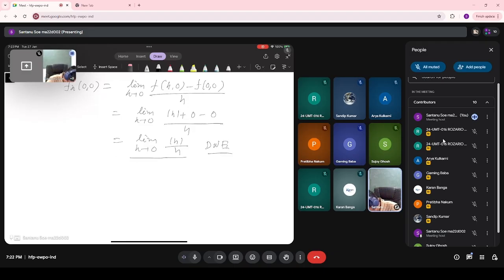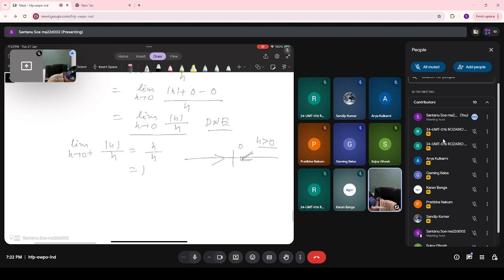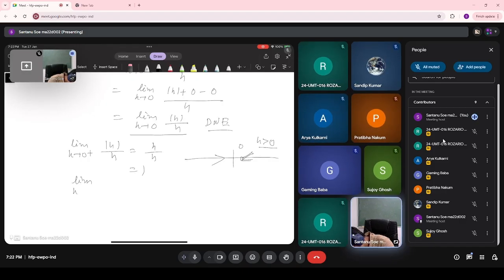Since now it's a one variable limit, right? Because this is 0, you can approach h from either the right side or the left side. If you are approaching from the right side, then this limit is called the right hand limit. This will be modulus of h by h. Since you are approaching from the right side, h is greater than 0, then mod h will be changed into simply h. So this limit will be 1. Now if we approach from the left side, then h is less than 0.